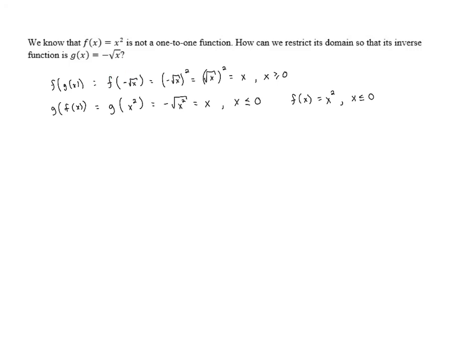So in both of these, so long as the input for f is less than or equal to 0, it ends up working out. So the restriction here is that x must be less than or equal to 0 for our function f. It's a little bit confusing, but it will make more sense when we look at things graphically next class.